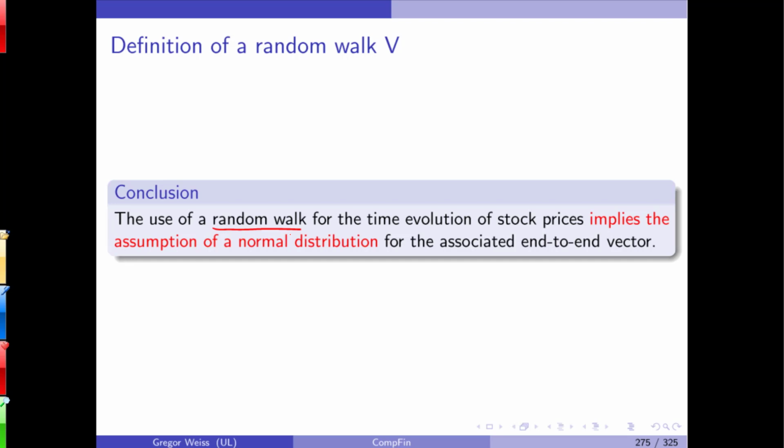There's no explanation given why you should use a normal distribution. Well, in fact, you have to go one step back. In most of these models, if you take the original research papers, you will not see a normal distribution assumption, but you will see the assumption of a random walk, or more precisely of a Wiener process or a geometric Brownian motion. And this assumption implies that the resulting stock prices or stock returns are log normally or normally distributed. So you are not assuming a normal distribution, but you are assuming a different thing, and this different thing is a random walk or a geometric Brownian motion, and as a result you get the normal distribution.